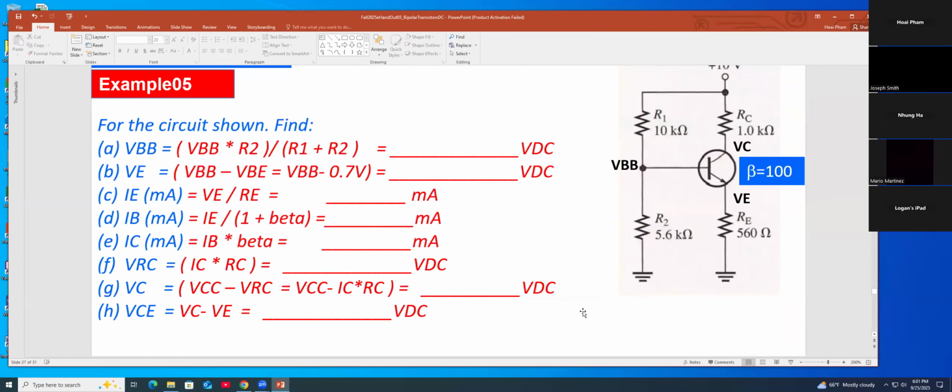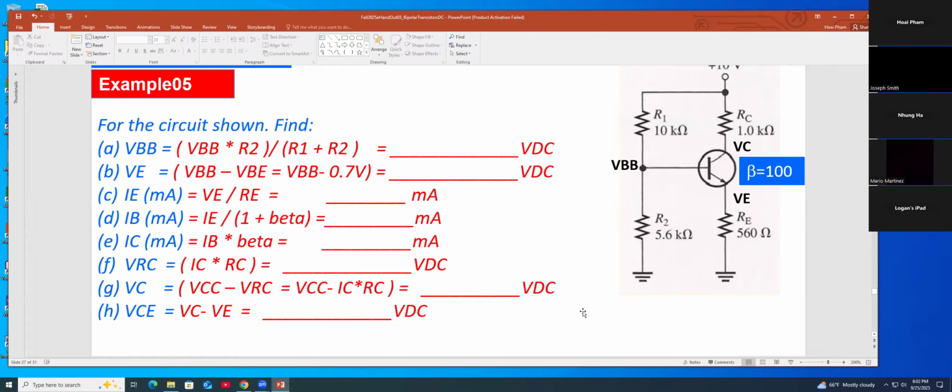And now for this circuitry, if I want VBB, you can calculate it right away. And if I want to calculate the VE, you know how to calculate it. And then IE, and after you get IE, you calculate the IB.